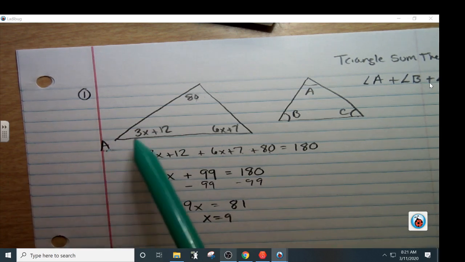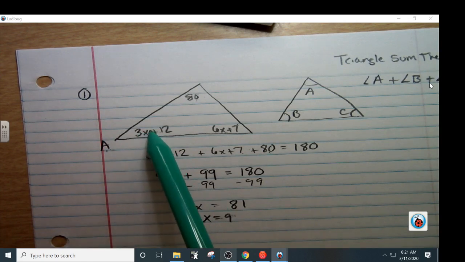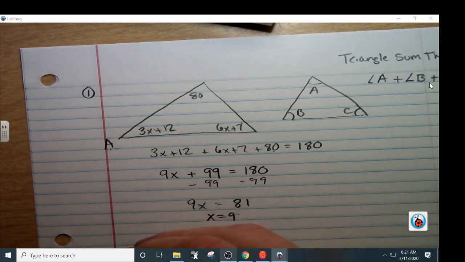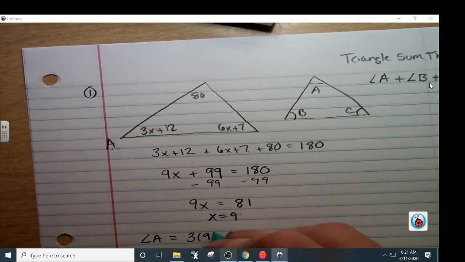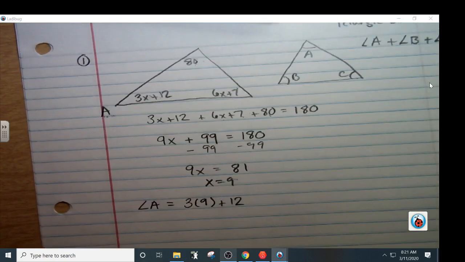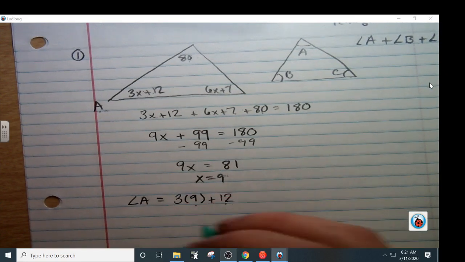What you're going to do is take the x and plug it in where the x is in your expression. So angle A is equal to 3 times 9 plus 12. Then 3 times 9 is 27. 27 plus 12 is 39.